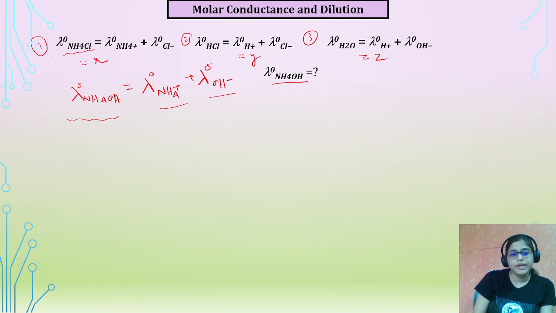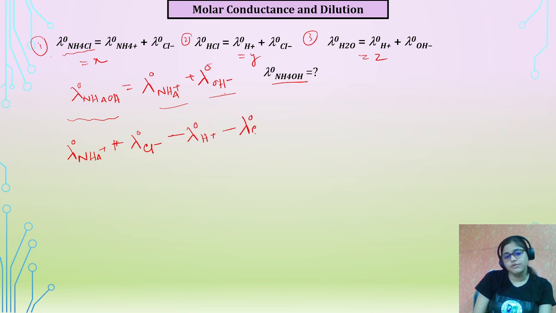See that. NH4 plus will be added; this NH4 plus is there, so we have to take that. Now H plus and Cl minus, is it there? No, right? We don't need H plus and Cl minus, so they will be minus lambda 0 of H plus minus lambda 0 of Cl minus.